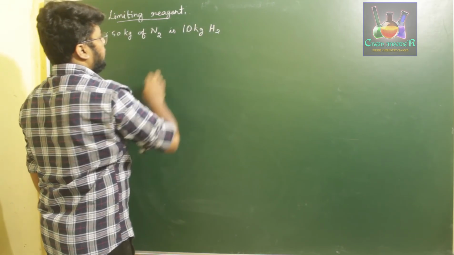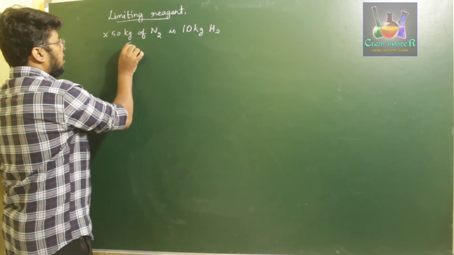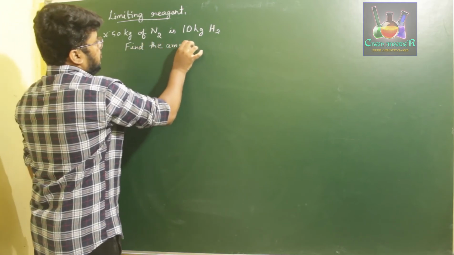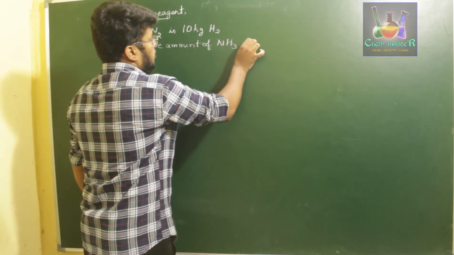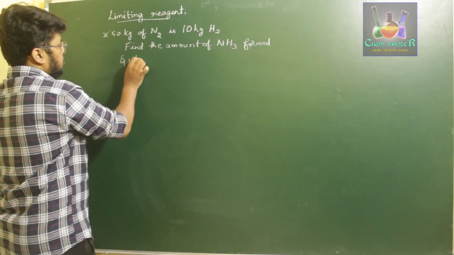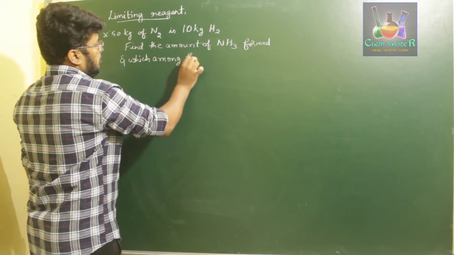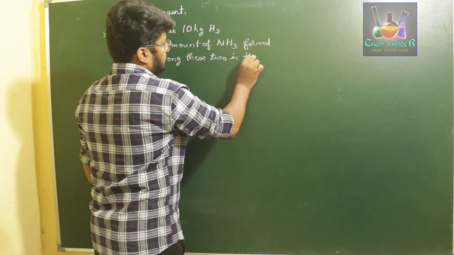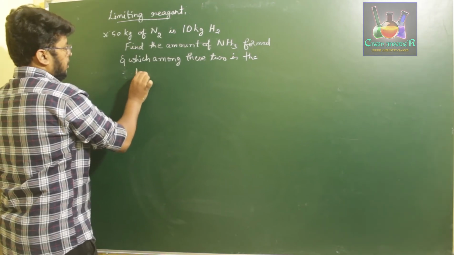Then find the amount of ammonia formed, and which among these two is the limiting reagent. Which among these two is the limiting reagent?